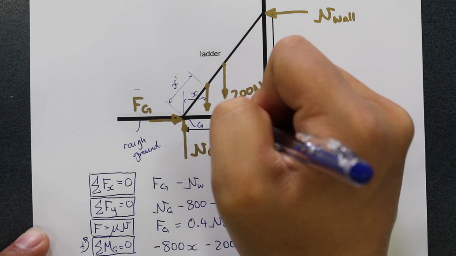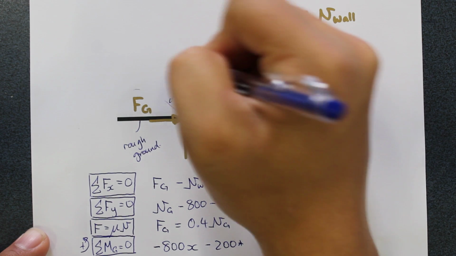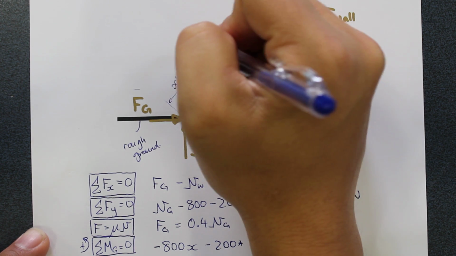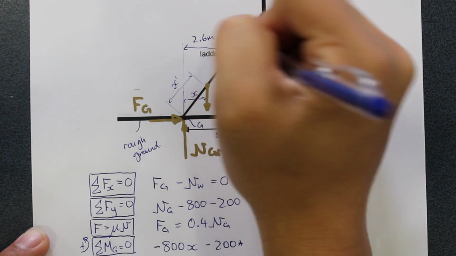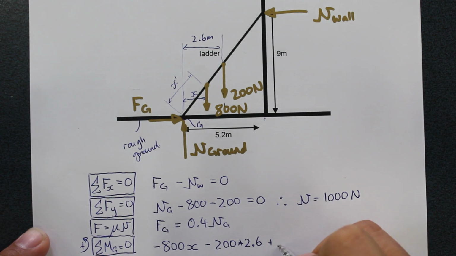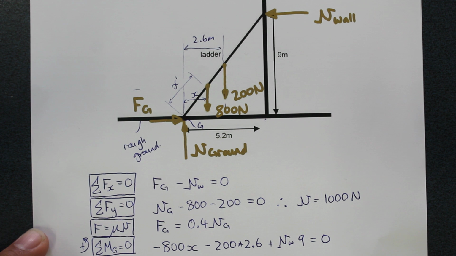If this is 5.2 going from here to here, then the distance to the middle of the ladder in the x direction will be half of 5.2, or 2.6. So 200 times 2.6, and then plus Nw times 9 meters. This should be equal to 0.